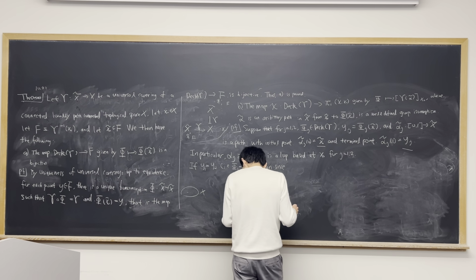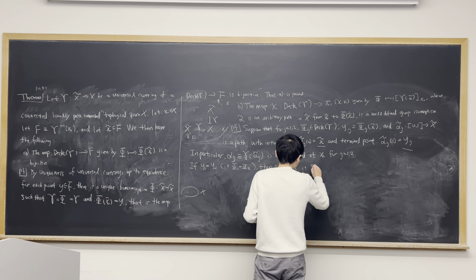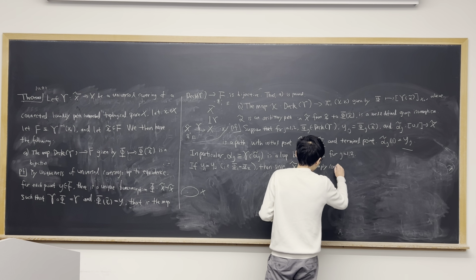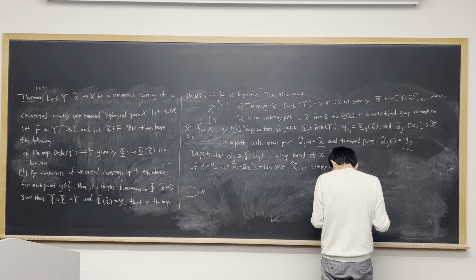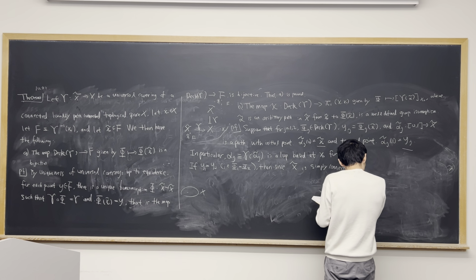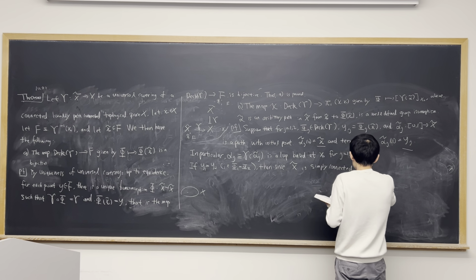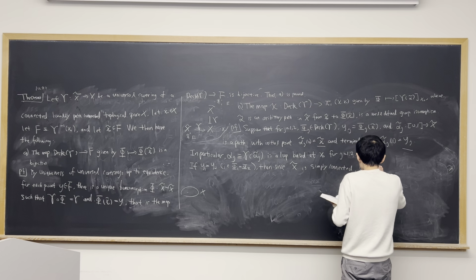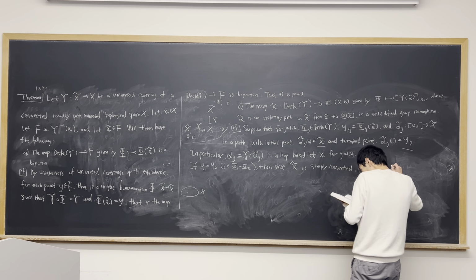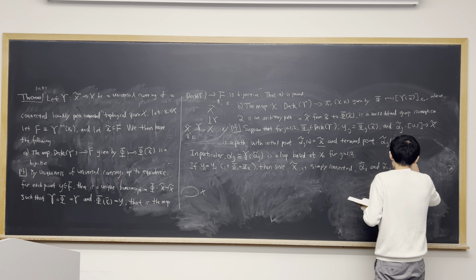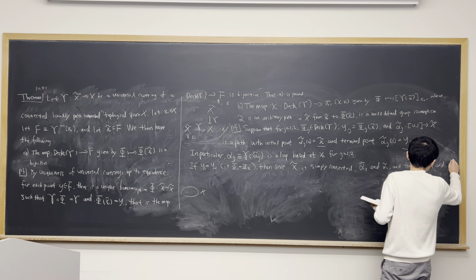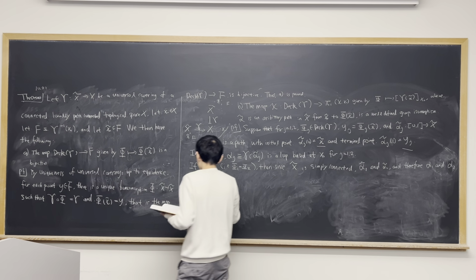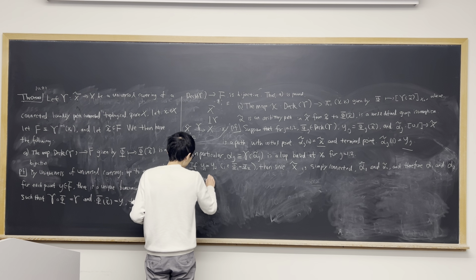since this X tilde is simply connected, we have that alpha tilde 1 and alpha tilde 2, and therefore alpha 1 and alpha 2 are path-homotopic.